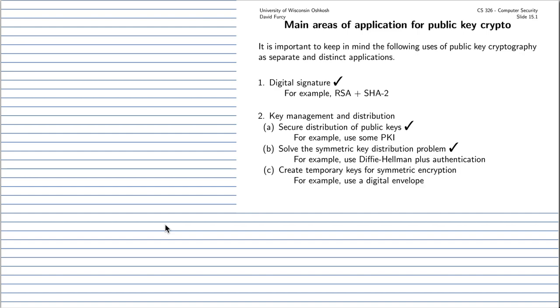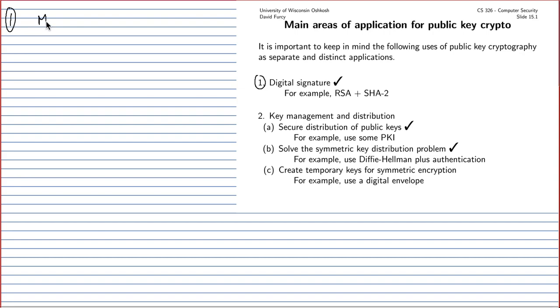this course. So the first application is that of digital signatures. Remember, the goal of a digital signature is both to authenticate the sender and also check the integrity of the message.